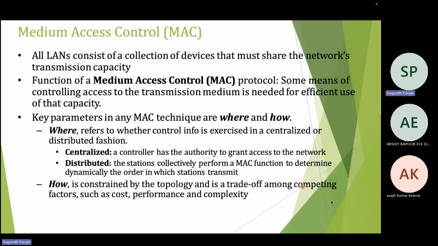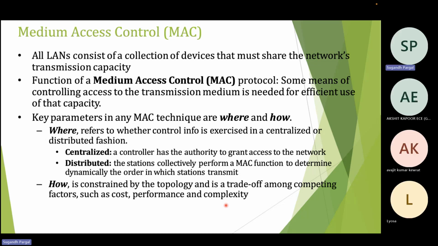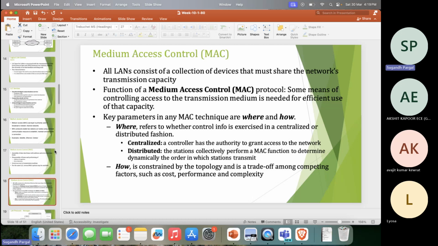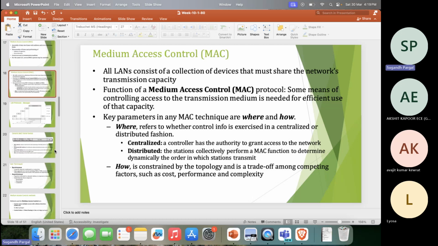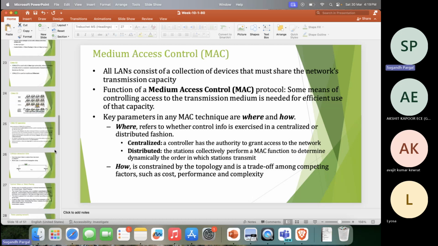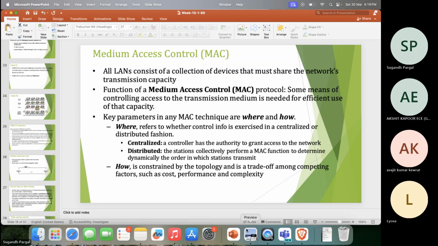However, in distributed, the stations collectively perform a MAC function to determine dynamically the order in which stations transmit. Next is how. How is constrained by the topology and is a trade-off among competing factors such as cost, performance, and complexity. Okay, so let me take a halt here, and I will first discuss the previous assignment, and then we will further proceed.